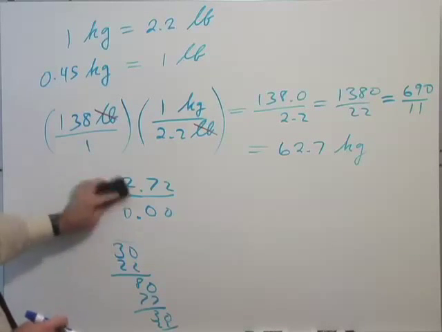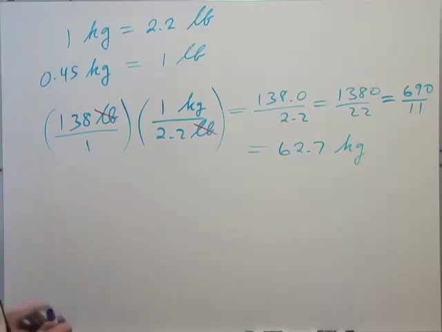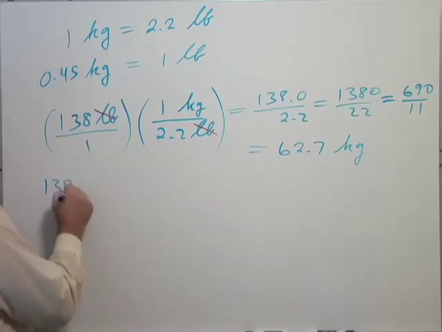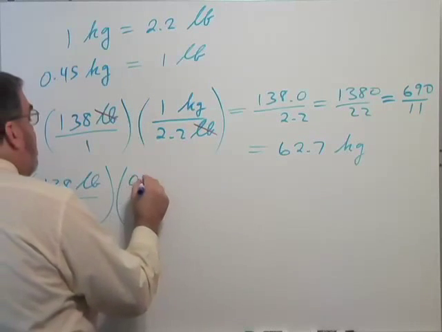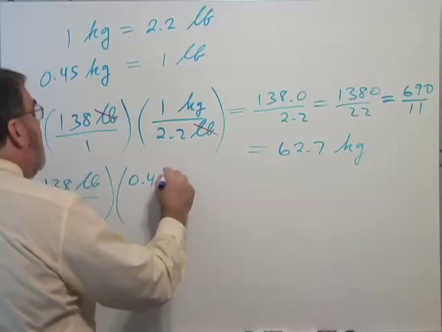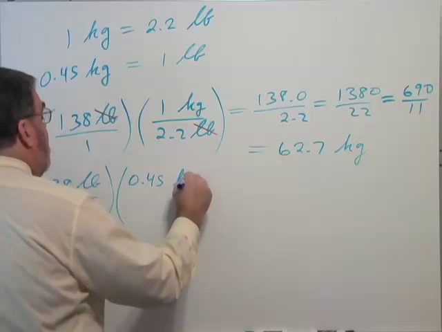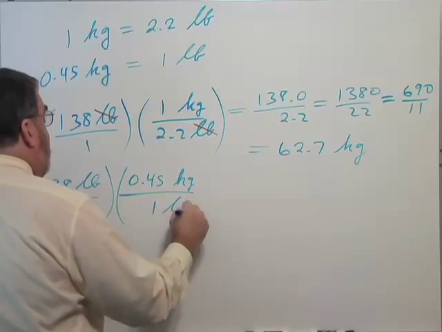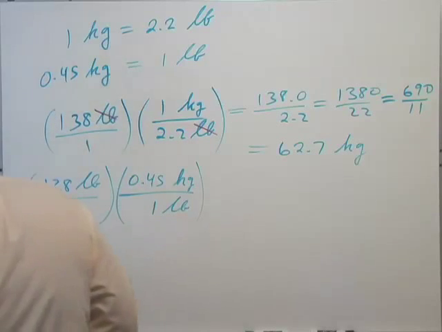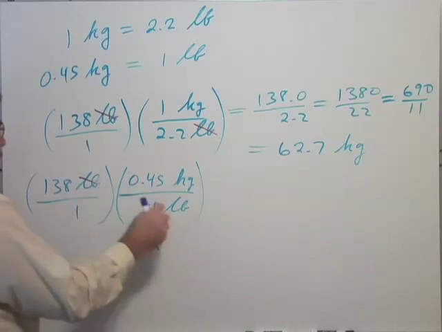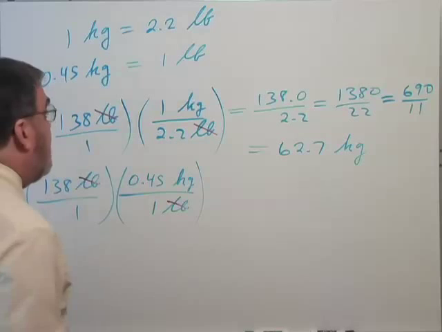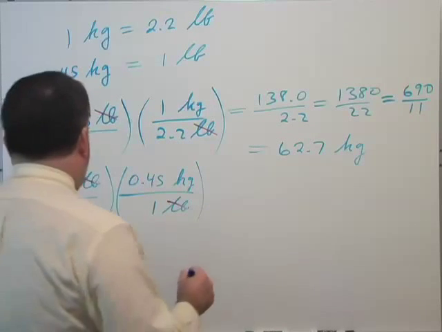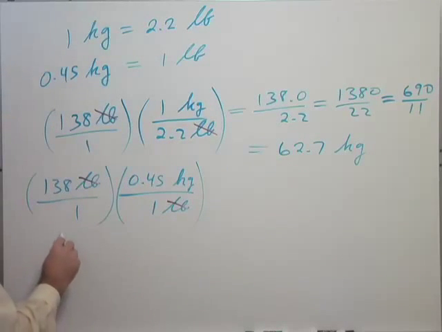All right, so there's that conversion, dividing by 2.2 pounds. The other way to convert, let's see what we get. It'd be 138 pounds times 0.45 kilograms over 1 pound. So pounds again cancel, and I have to multiply 0.45 times 138. So let's see, I'll do that over here.